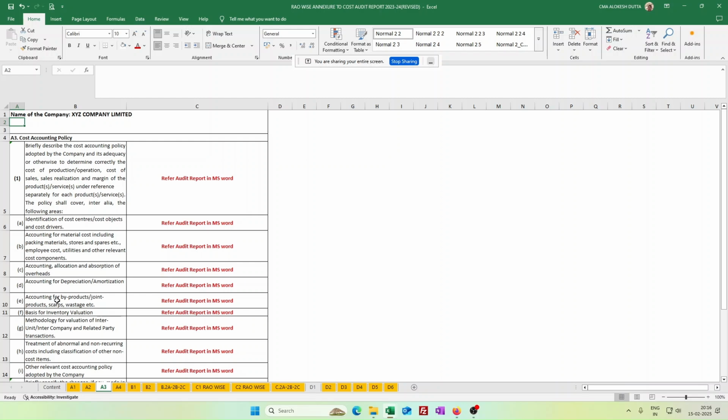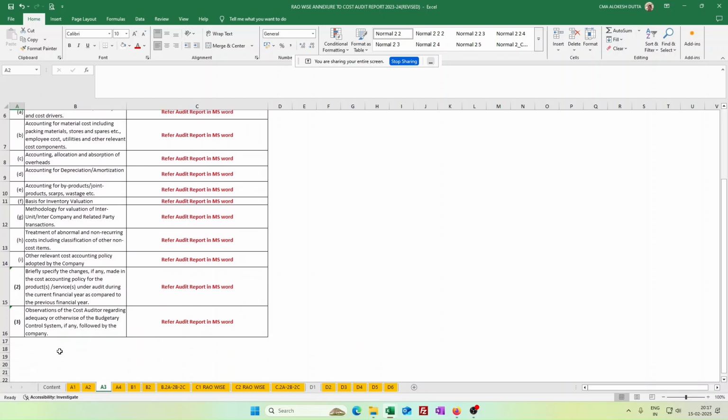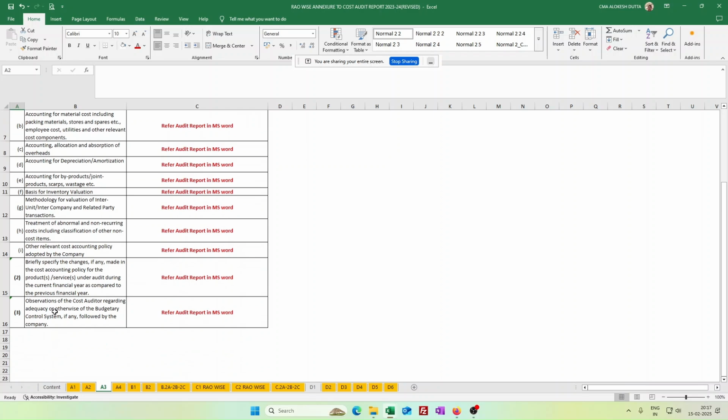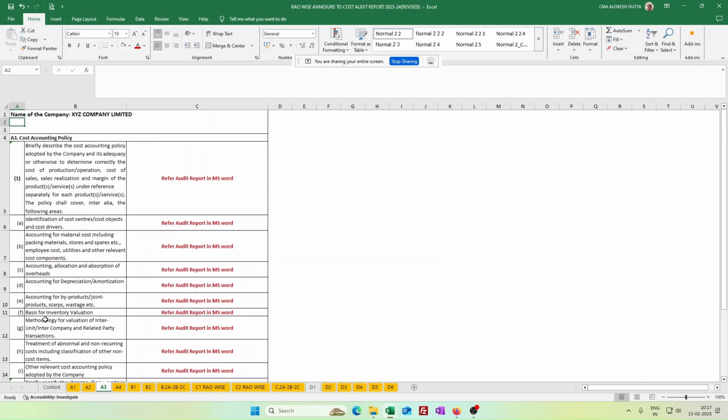Next point is accounting of byproduct, basis of inventory valuation, methodology of valuation of inter-unit or inter-company transfer, treatment of abnormal non-recurring cost, other relevant cost accounting, and observation of cost auditors regarding adequacy or otherwise of budgetary control system, etc. These are the points. Company should formulate policy on these points.